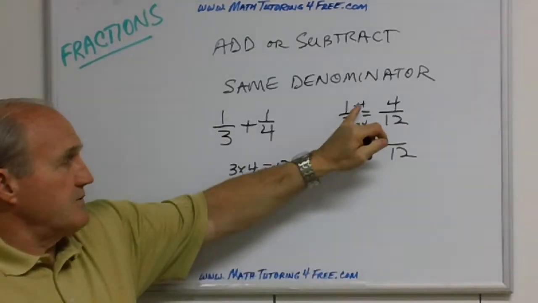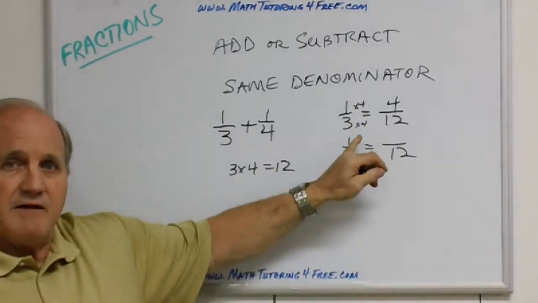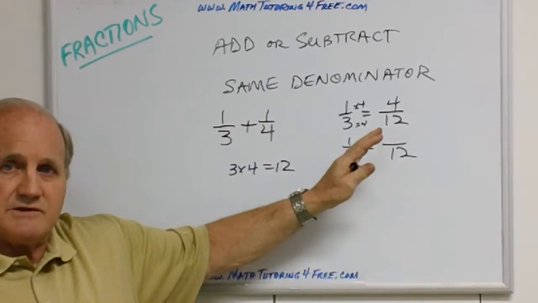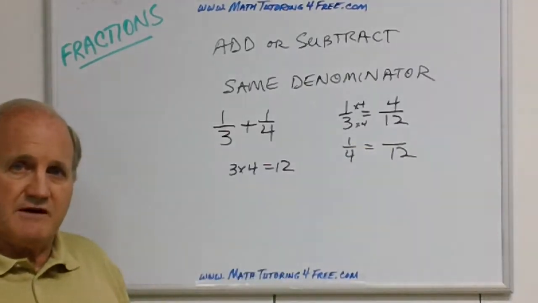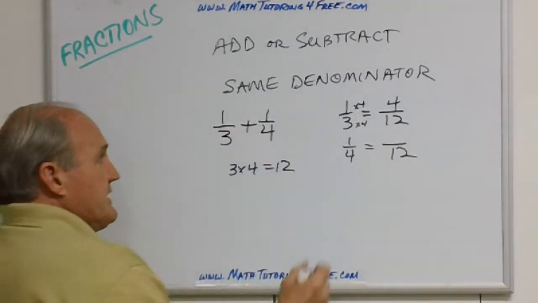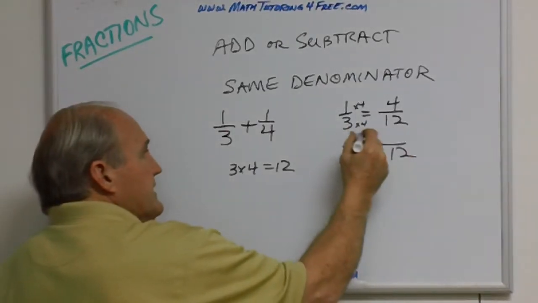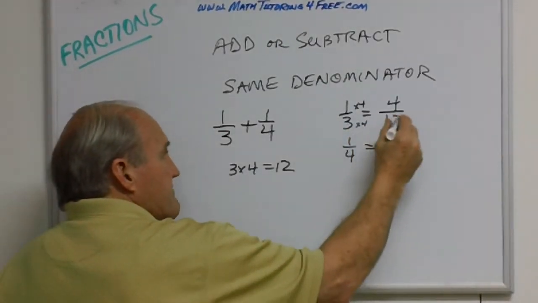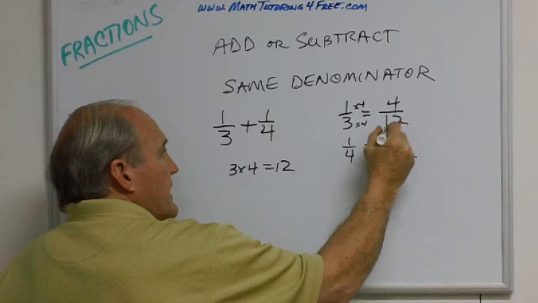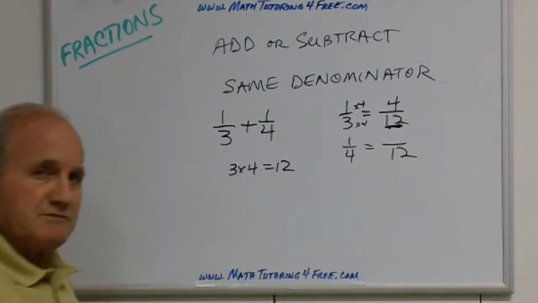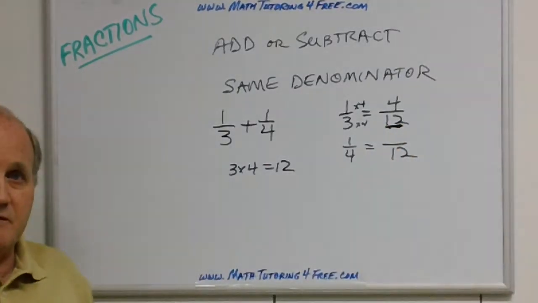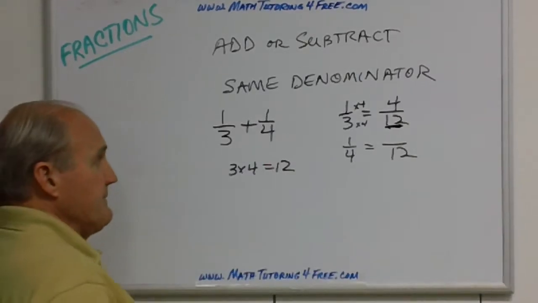The reason it's equivalent is that we multiplied it by 4/4, which is equal to 1. We haven't changed the value at all. What we changed is the look of the fraction, because we now have the same value with a denominator of 12, our common denominator for both fractions.